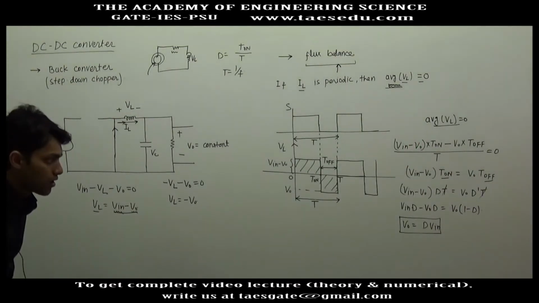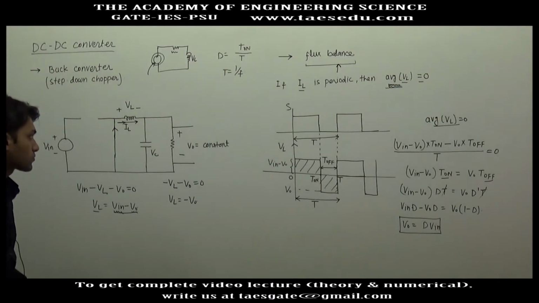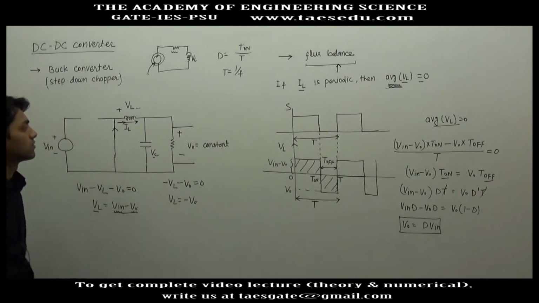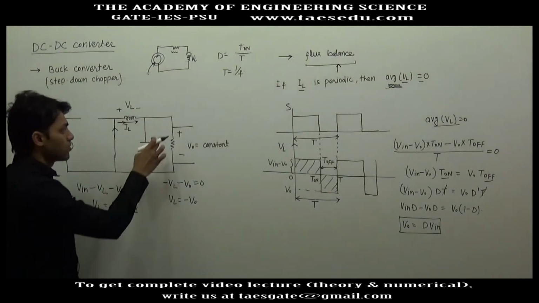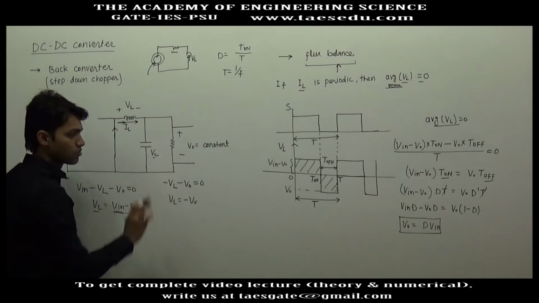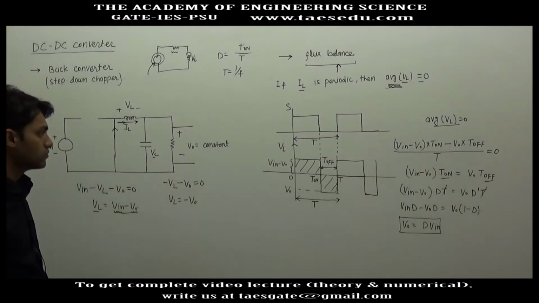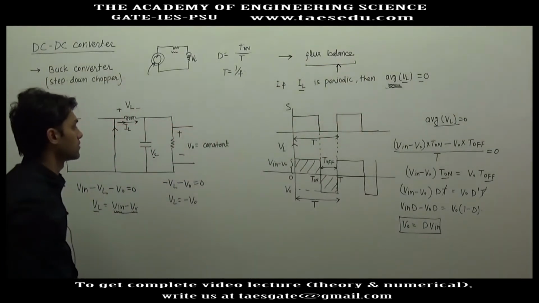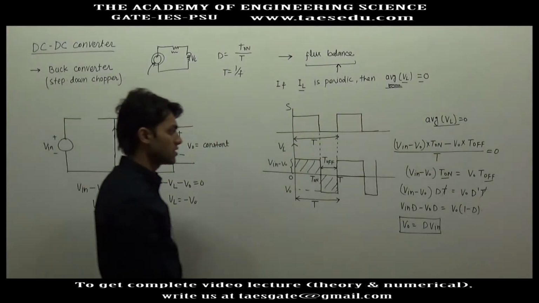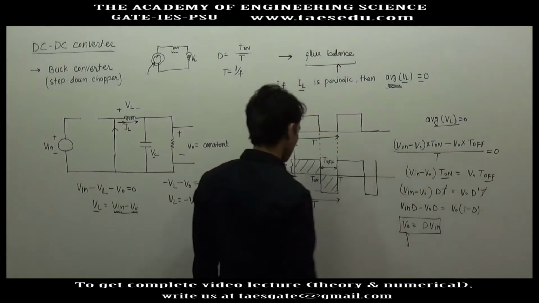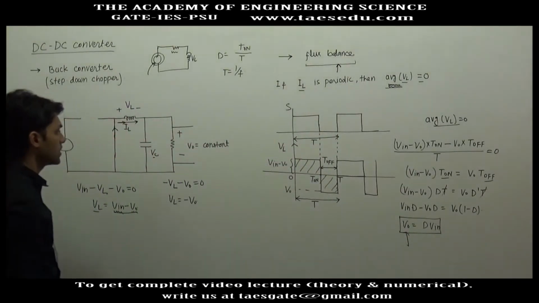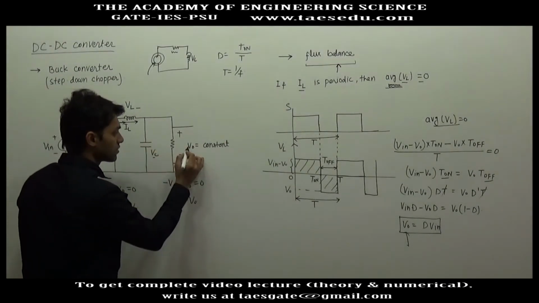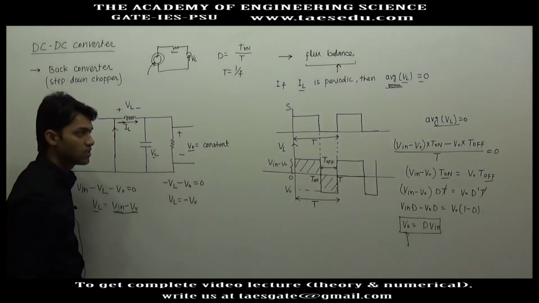So how did I derive it? I first, by connecting this capacitor, said that the output voltage can be assumed to be constant. Then I used flux balance, and using flux balance we got this relationship. If you do not connect a capacitor here, V naught cannot be assumed to be constant.